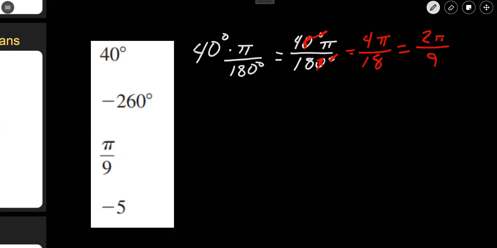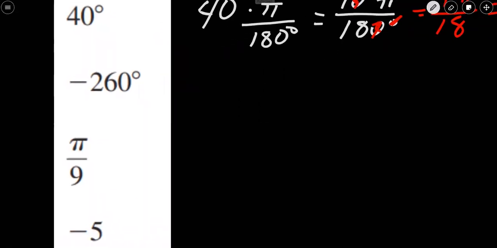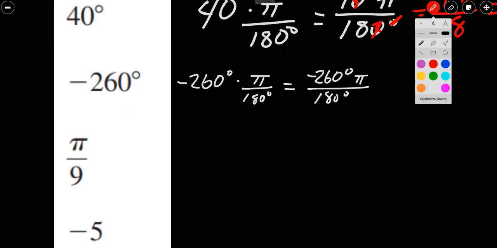So let's go to the next one. I'm going to zoom in a little bit because I took a little bit more room than I wanted. So if I want to do negative 260 degrees and convert it to radians, I'm going to multiply it by pi over 180 degrees. Again, I'm going to rewrite it: negative 260 degrees times pi radians all over 180 degrees. Now I can start simplifying a little bit.